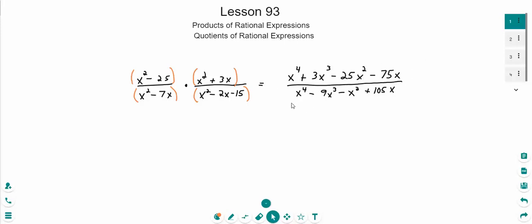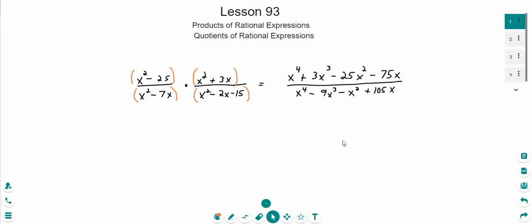You might say it's not reduced the way that it is. And if you look closely, maybe you could recognize that all the terms have an x variable in them. And since all the terms in the numerator and denominator have an x term, we could essentially cancel out one x term out of both numerator and denominator. So that's one thing that could be done.